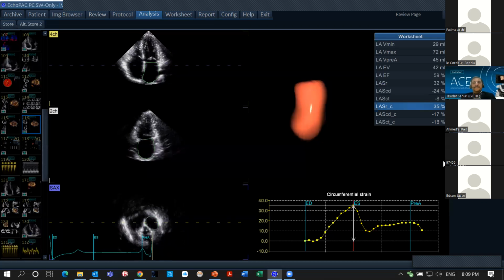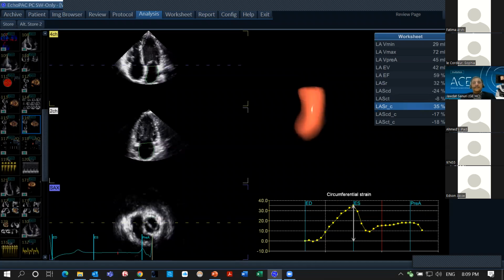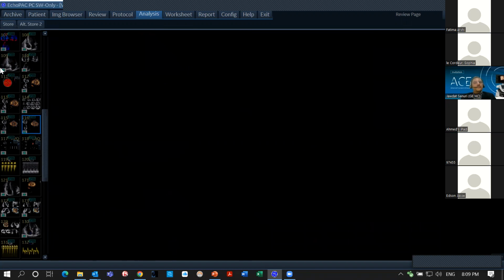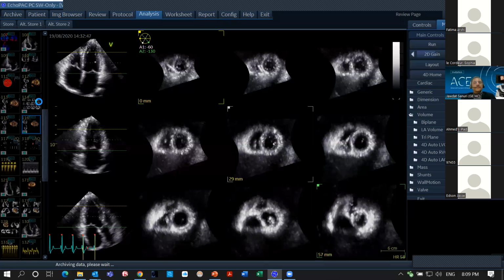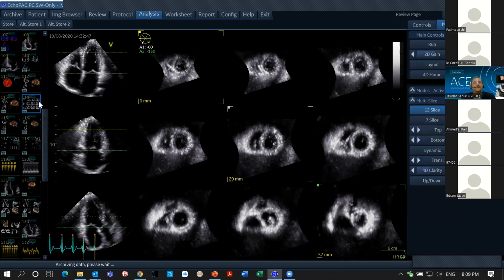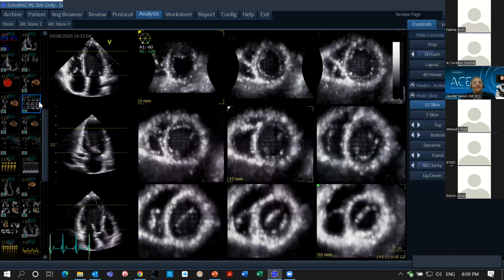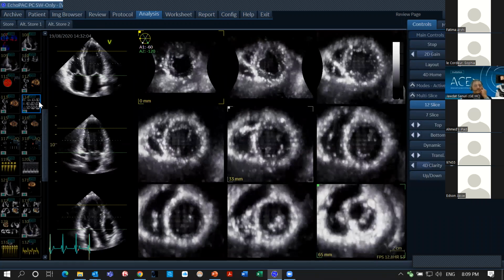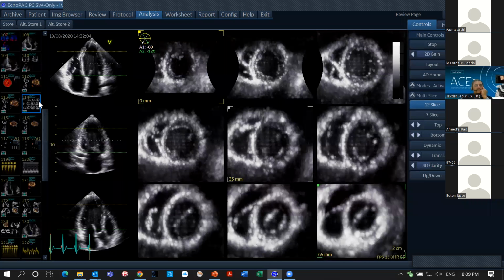When I put the multi-slice, I need to change the acquisition because the RV free wall is sometimes cut. When I put the multi-slice, the sample volume is increased, so the frame rate will be increased. Then I do the acquisition again with the multi-slice. So it is not possible to tilt the images with the multi-slice.